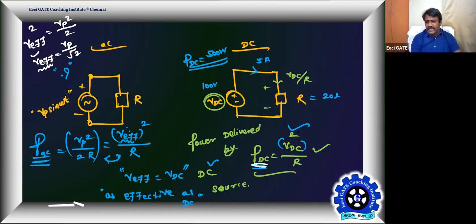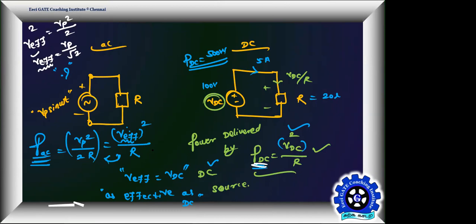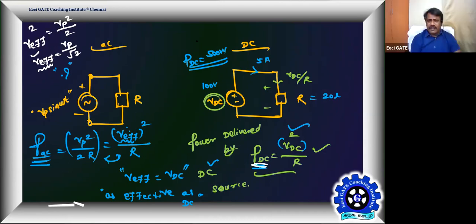In a DC source, we keep the equation simple: V square DC by R. Similarly, if V effective of an AC source is given, I can directly calculate the power as V effective square by R. All of you getting this point?